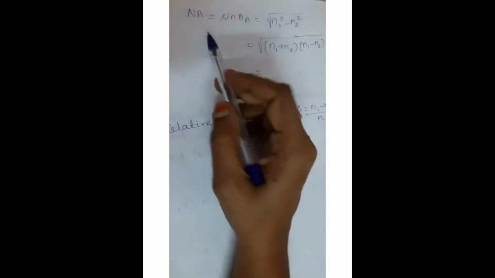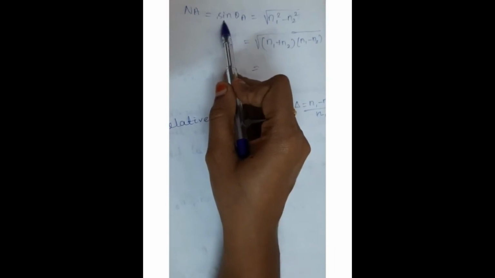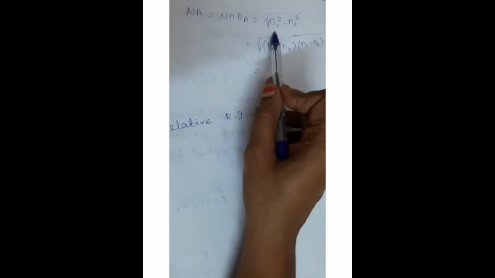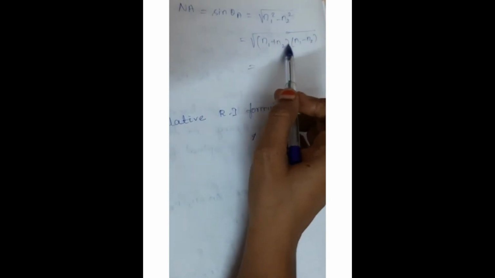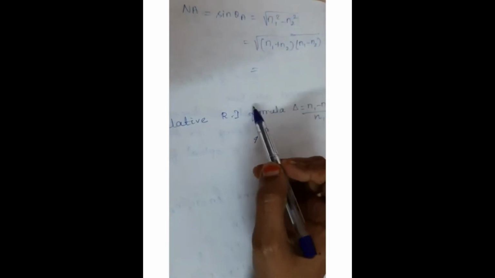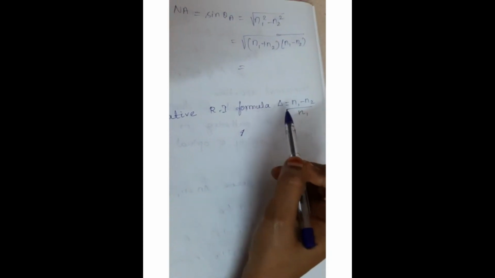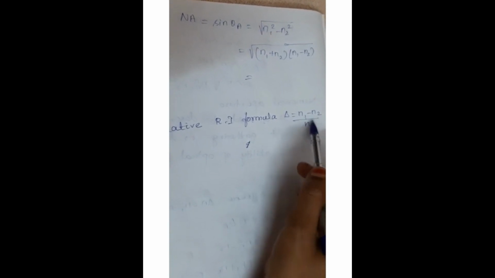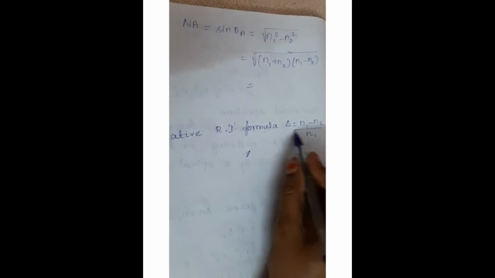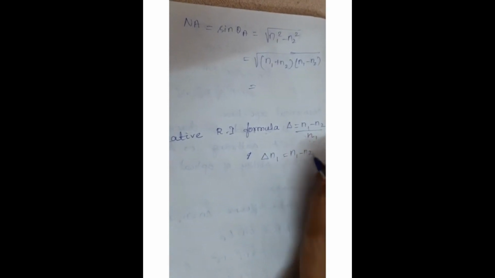Another formula: we know the numerical aperture in terms of the acceptance angle, sine theta a, is root of N1 squared minus N2 squared. Now you can separate this with the a plus b into a minus b formula. The relative refractive index formula is del equal to N1 minus N2 by N1. Cross multiplying, del N1 is equal to N1 minus N2.